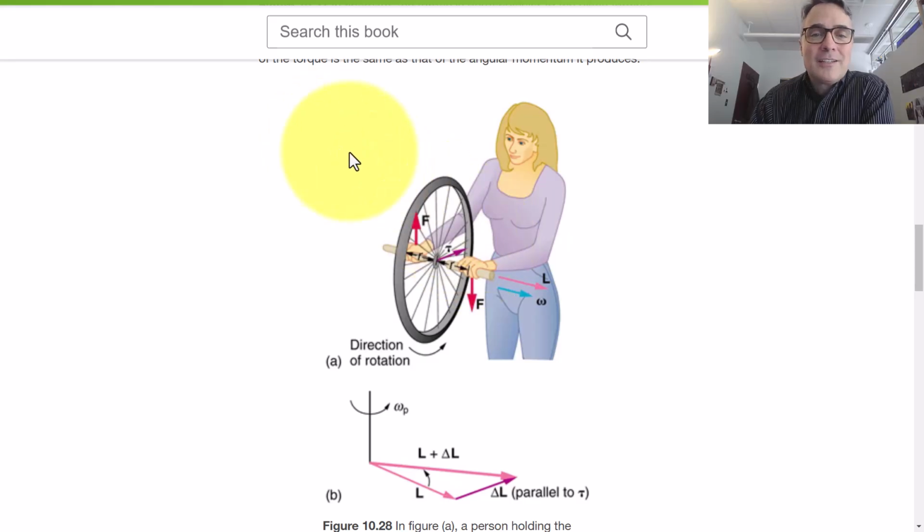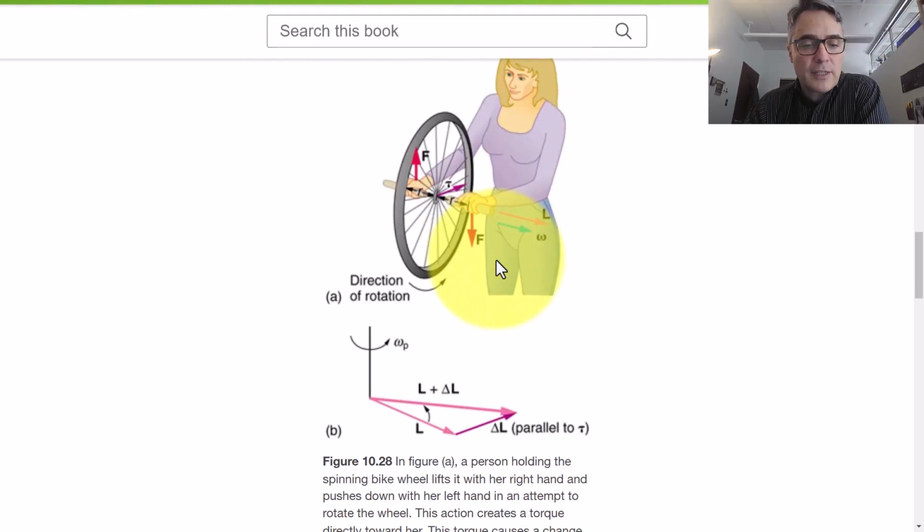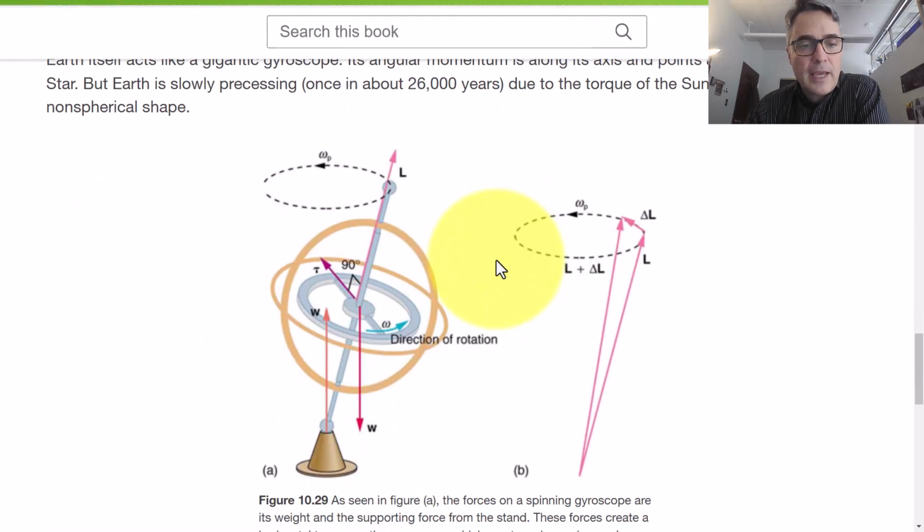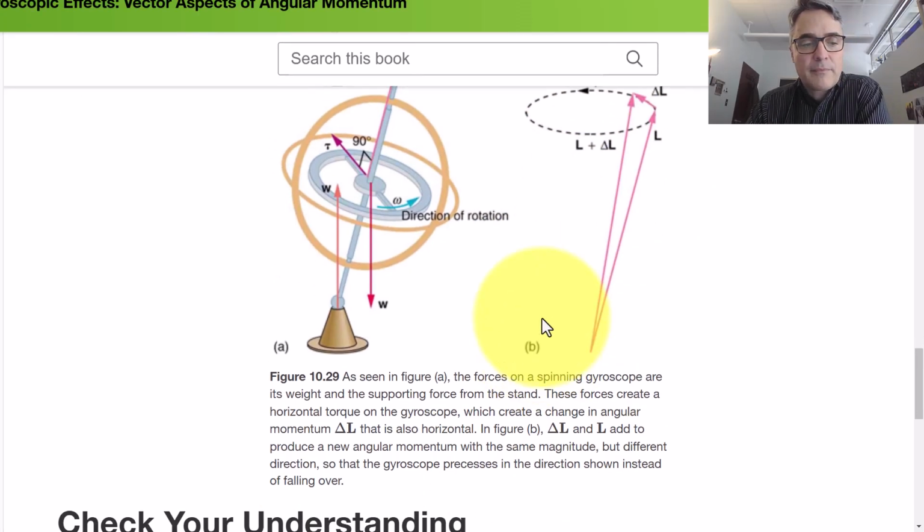You're trying to tilt it this way, clockwise, but what ends up is you end up tilting it around a different axis. And that is how a gyroscope works. As something is really spinning, if gravity tries to tilt it in one direction, like down, what happens is that instead it goes in a horizontal path.